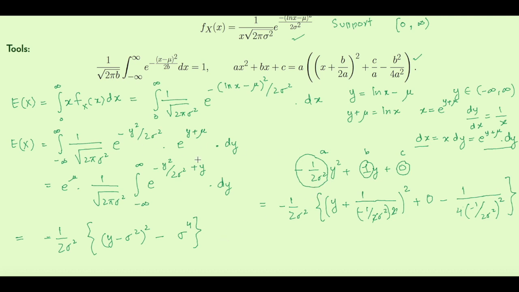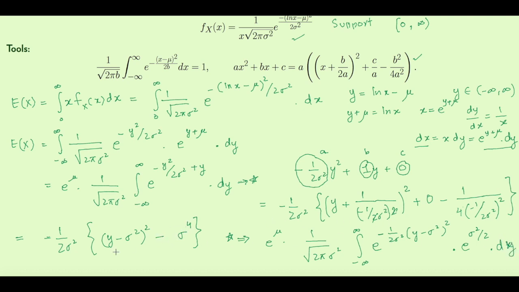Now I can go back to the star here. This star becomes e to the mu, 1 over root 2 pi sigma squared, the integral from minus infinity to infinity of e to the minus 1 over 2 sigma squared, y minus sigma squared, and this minus this will become e to the sigma squared over 2, dy.